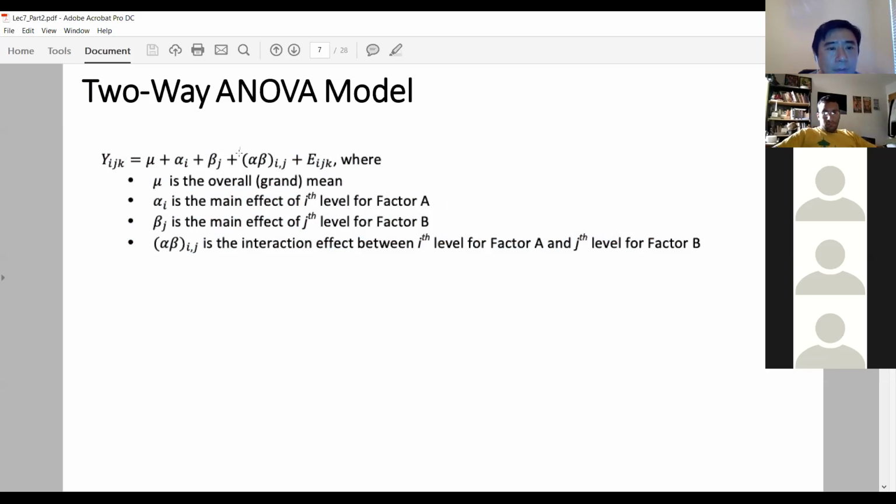And the key thing I would say, because this is something really different from one-way ANOVA, is the interaction between alpha and beta.